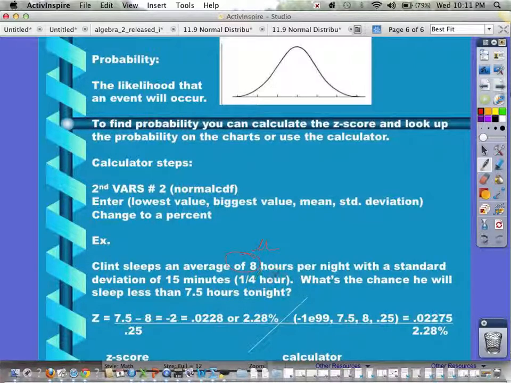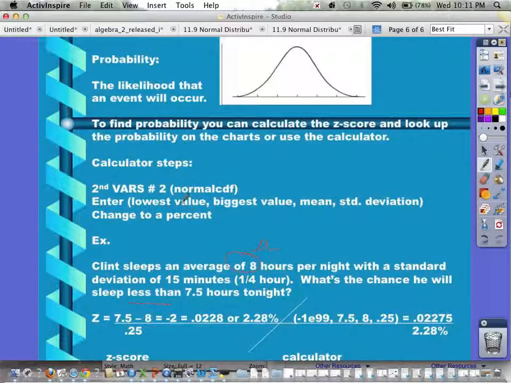It's 1/4, which is 0.25. Okay? All right, what is the chance he will sleep less than 7.5 hours? So for each one of these problems, you're going to have to ask yourself, what do I need to know? Less than means numbers smaller than 7.5. Yeah, we know that. But we need to interpret what we get when we get our z-scores, okay?